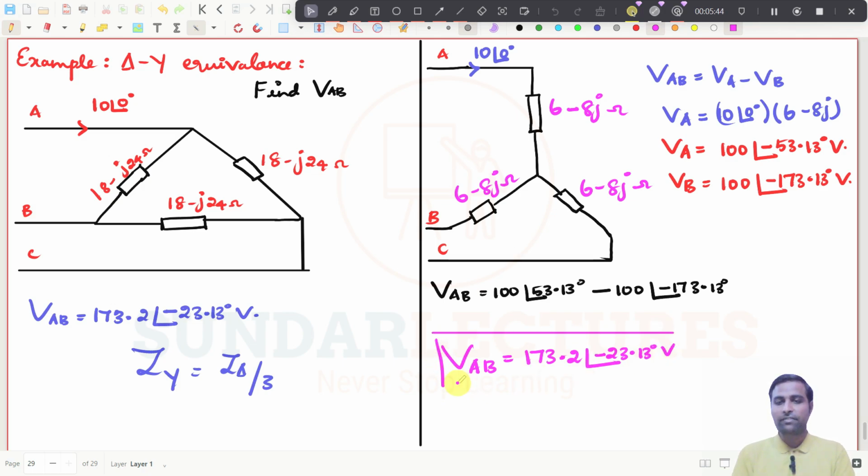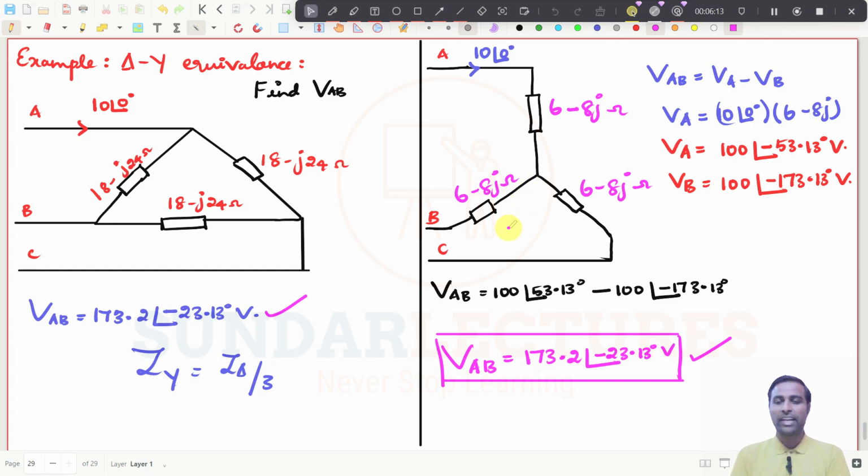Try to understand these kind of things. It is very important to understand these basic things. You convert this into rectangular form, find the value, and then convert that into polar form again. So see here, we are getting the same answers. We have just converted the delta connected impedances into equivalent star connected impedances.